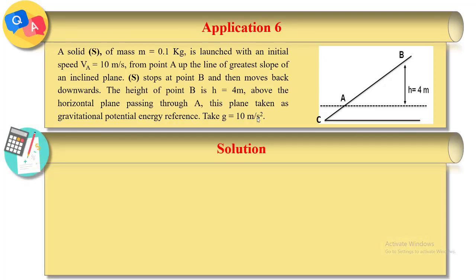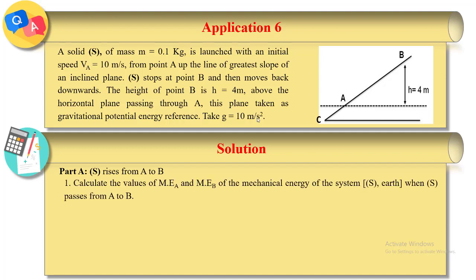We have to study the energy conversion of the solid during moving up and moving down. In the first part, the solid S rises from A to B. We have to calculate the mechanical energy at point A and the mechanical energy at point B.